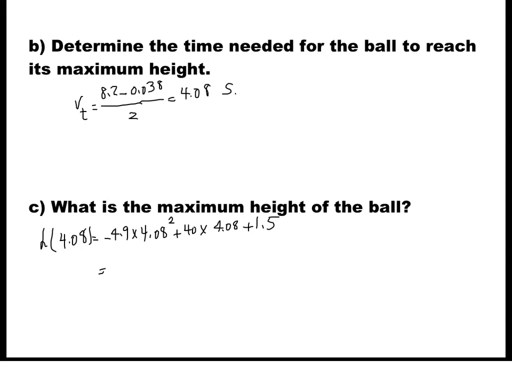If you use a calculator and evaluate this expression, we get 83.13 meters. So it takes 4.08 seconds to reach 83.13 meters, which is the maximum height of the ball.